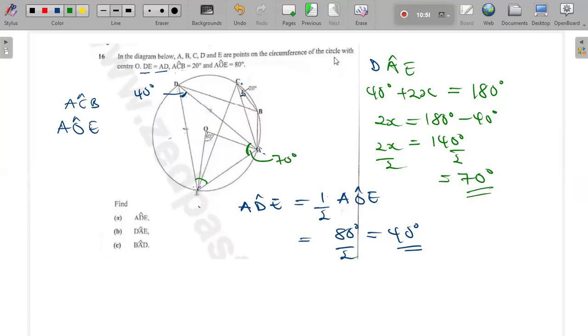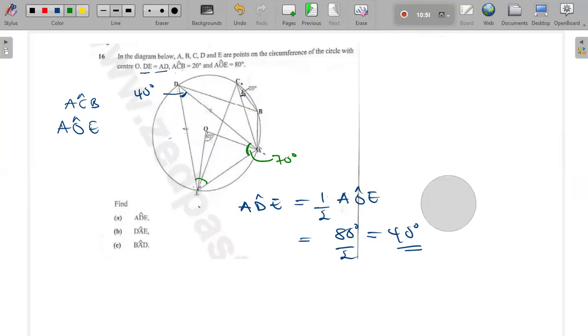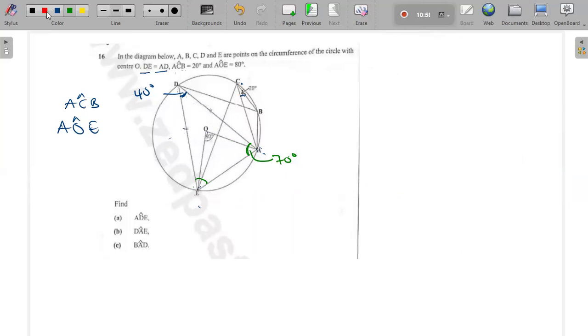Okay, let's now find the other one. So we make space here. Okay, so the next one is BAD. So B here, A, and then D. So we want to find this angle here, BAD, that angle there.